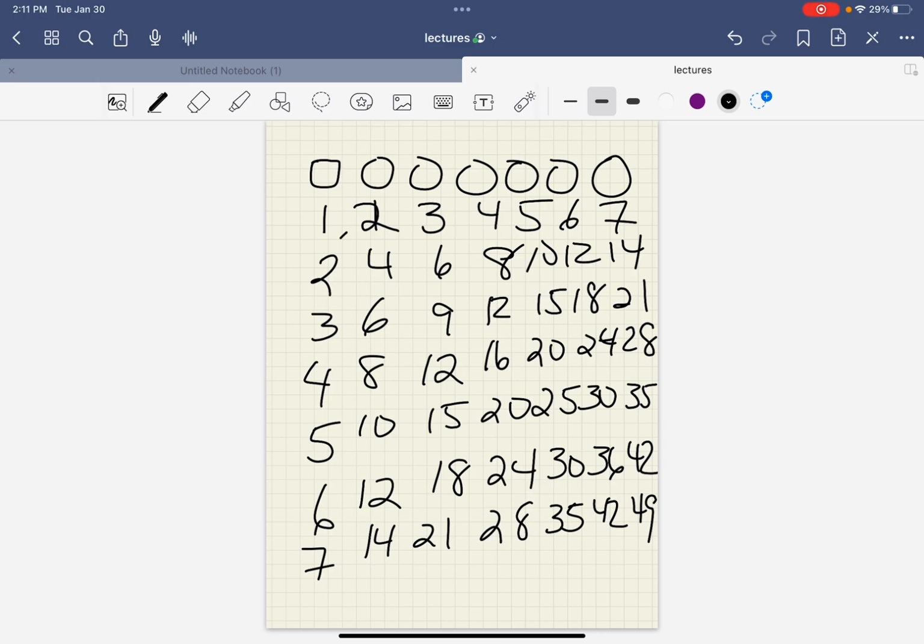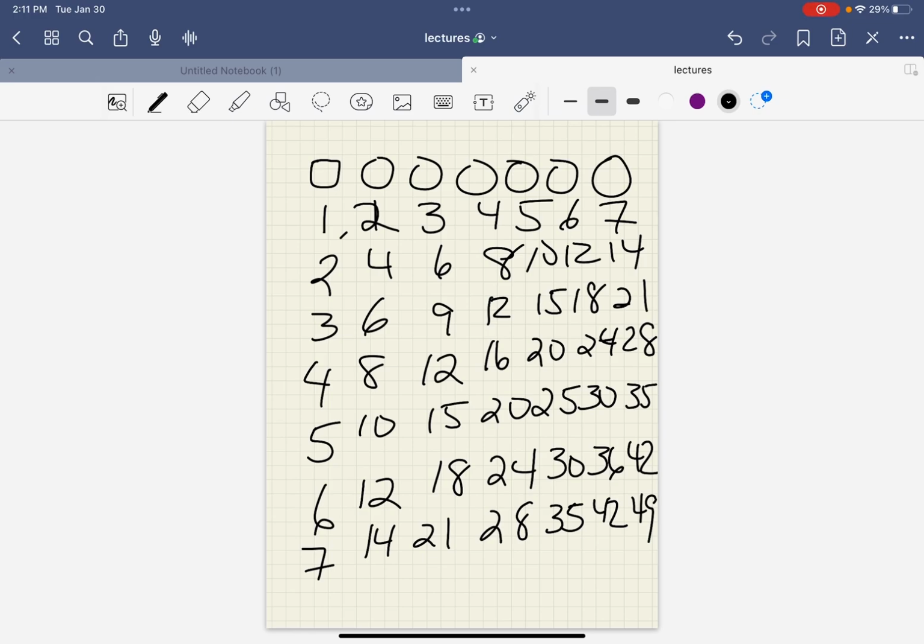All right, now the way that we use this is up here. Those are multiples. So that's what we did on page 67. Those are sequences.